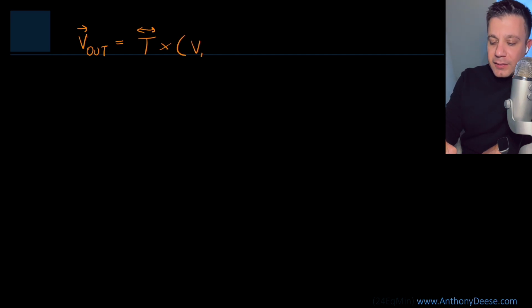Okay, so we know that we need to create an expression that generates an output primal vector from some tensor times the tensor product of 2 inputs. And we know that this tensor will have a structure that looks like this.